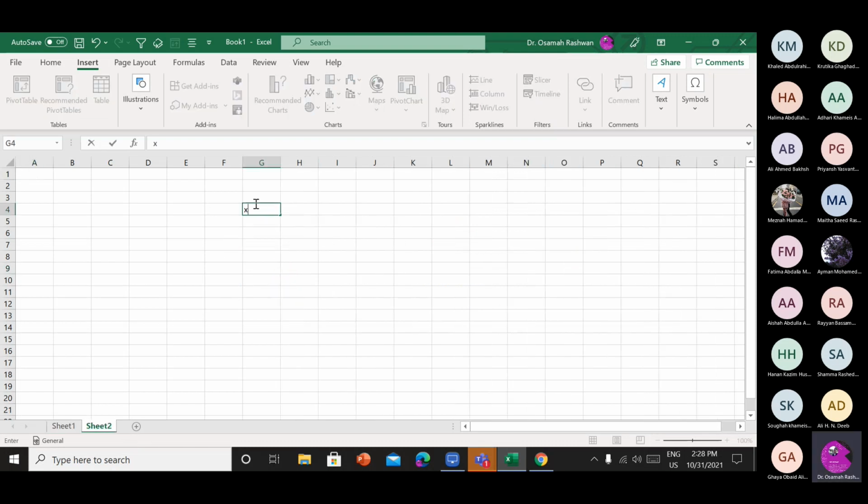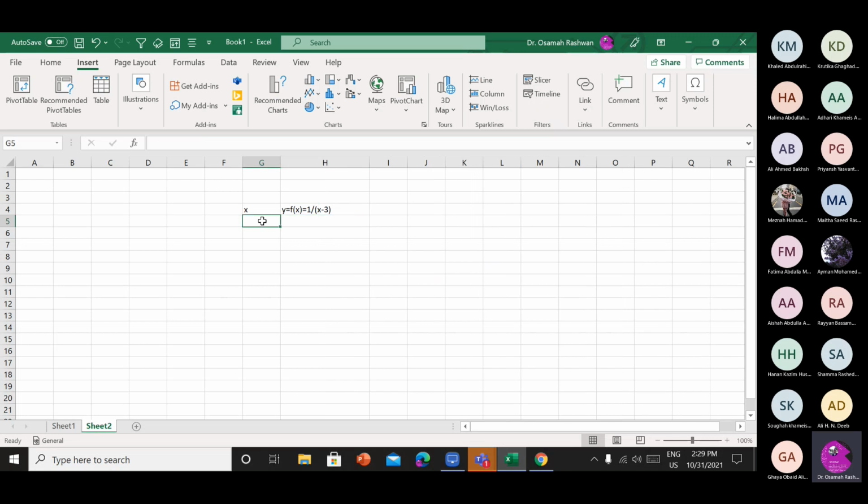If I have x and my function y equal to f of x equal to 1 over, when you have something more than one piece, you have to open a bracket for the denominator, x minus 3. Now, I would like to go from the 3 to the right. So I'm coming from 4 to the 3. This is what it means from the right.